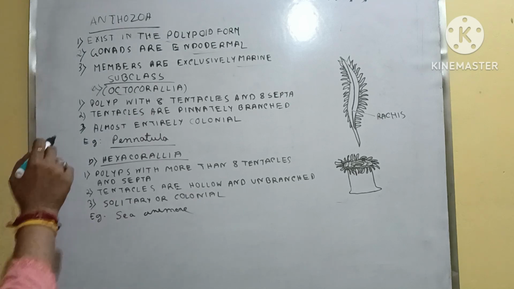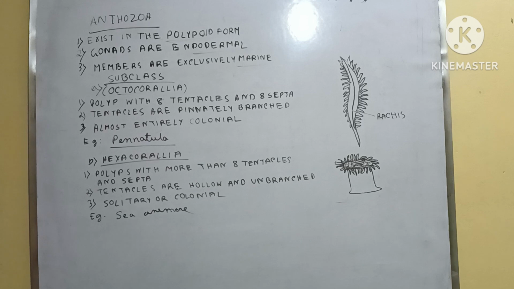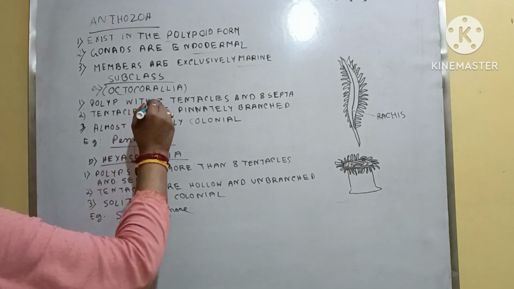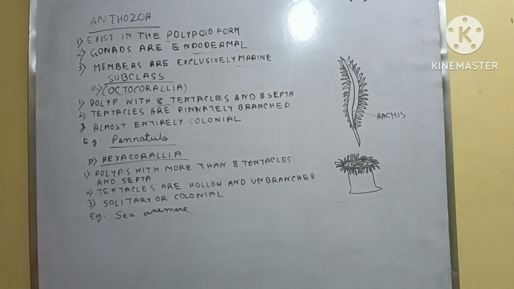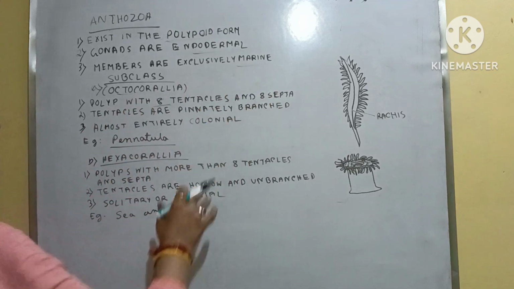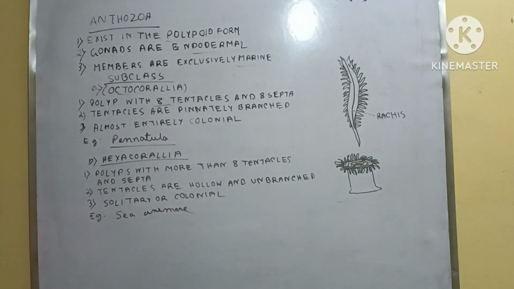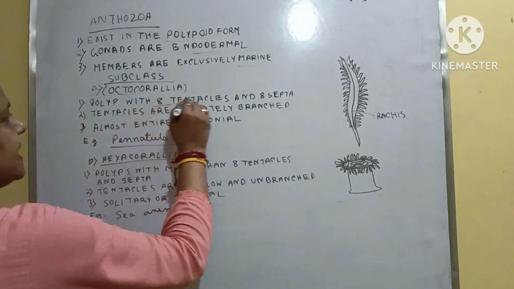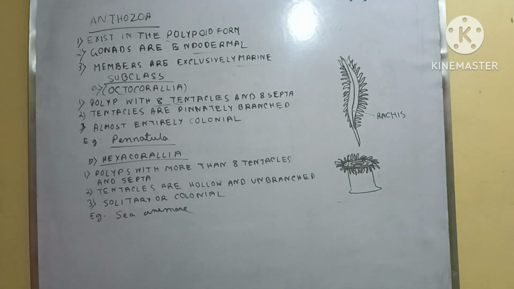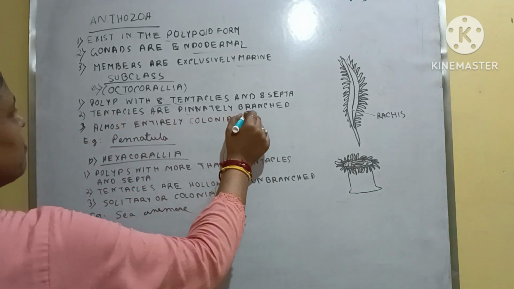So here the first character of the Octocoralia is that we can see 8 tentacles and 8 septa. But these are not identified properly in this structure, but you have to memorize that 8 tentacles and 8 septa must be present. And the tentacles are pinnately branched.